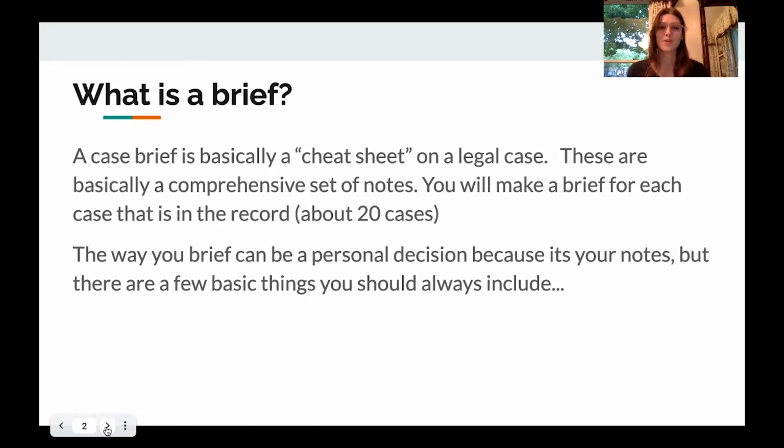In moot court, you are going to do about 20 of these, one for each case that is assigned in the case that's assigned by AMCA. And there will be about 9 or 10 on each side of the first issue and the second issue.